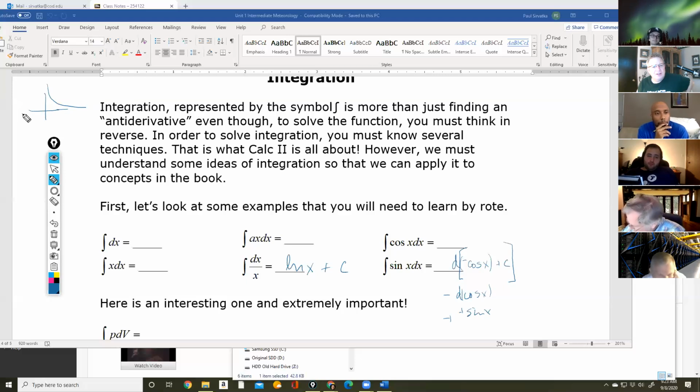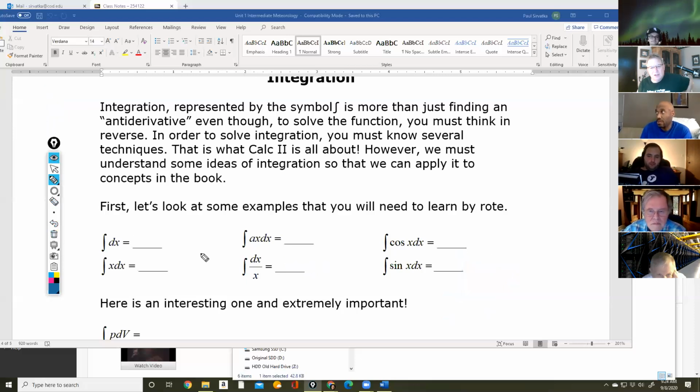Well, there is a 1 over x, but I can't take the natural log of negative x's. Although I can, but we're not going to worry about that, okay? So this is the natural log of x plus a constant.